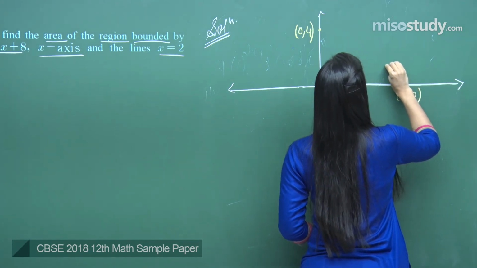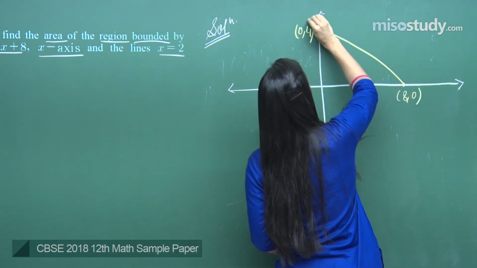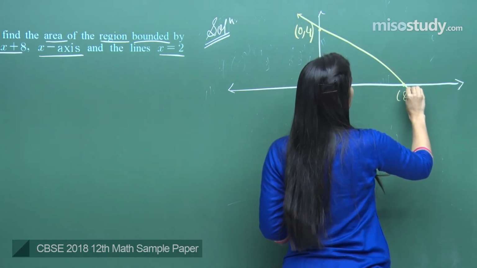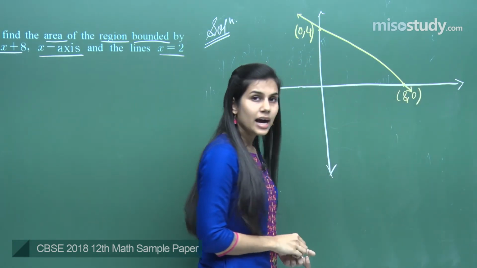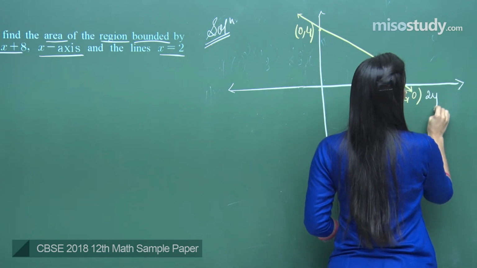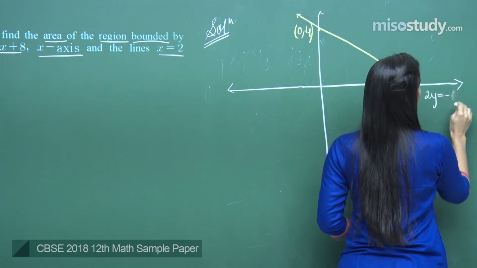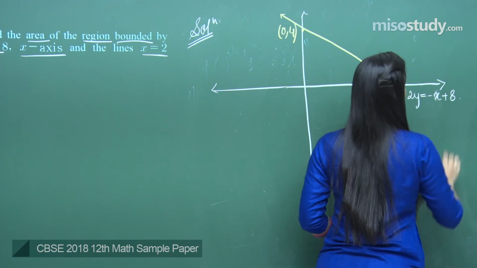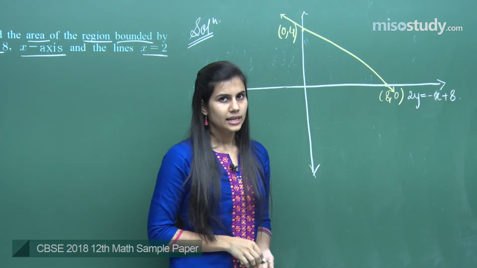And then what I do is I simply join these 2 points to obtain my line, which is 2y equals minus x plus 8. This is that line.